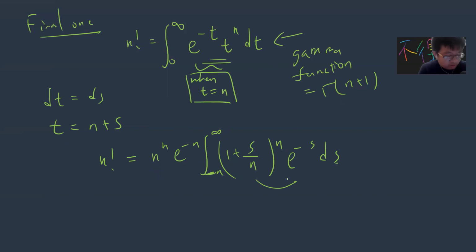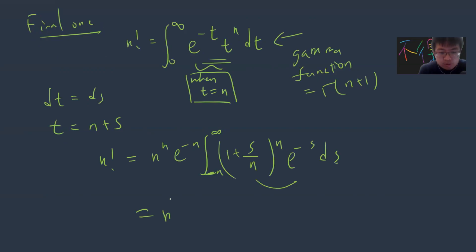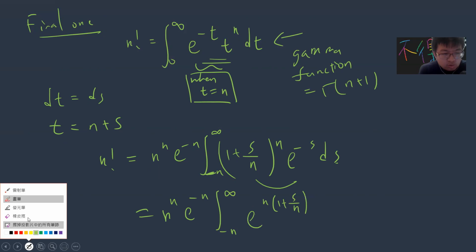This is a trick. So we can just do the n log. The trick is that one can just combine this, so this is exponential of n log of 1 plus s divided by n.